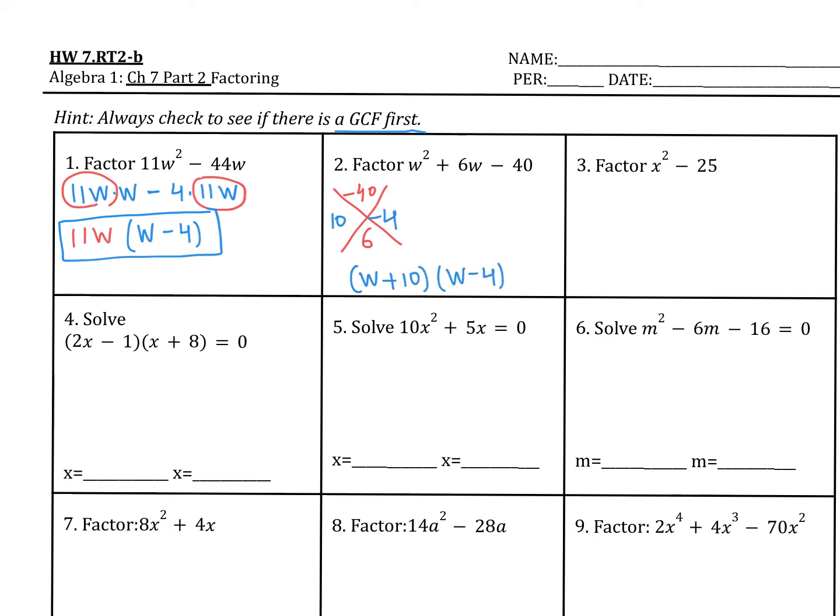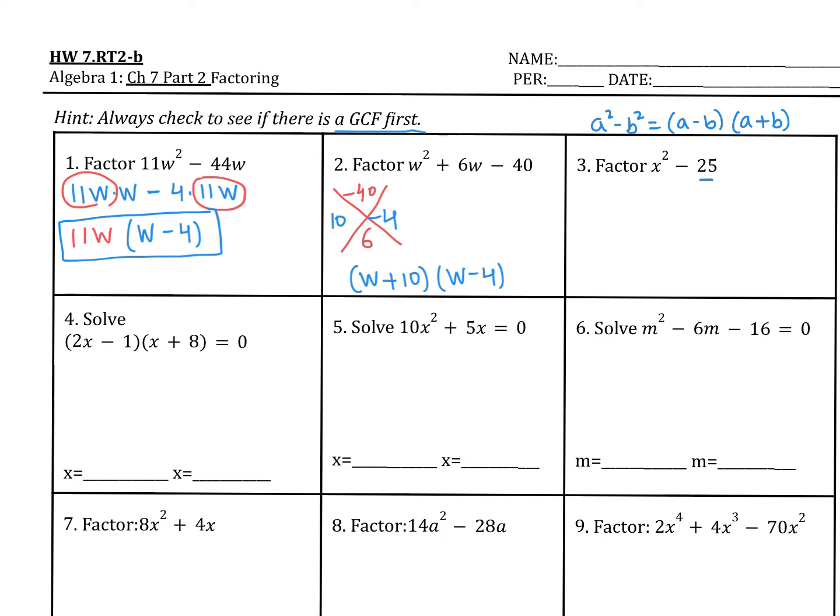For number 3, you're going to compare this to the formula for a squared minus b squared equals a minus b times a plus b. So you just have to write 25 as a square of something.